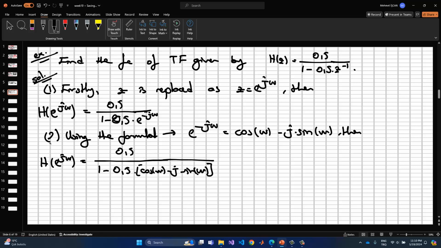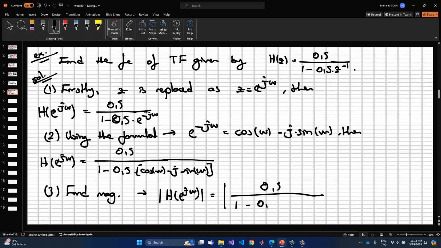And so after that we need to find the magnitude of H(e^jω), which is equal to 0.5 divided by 1 minus 0.5 cos ω plus j 0.5 sin ω.